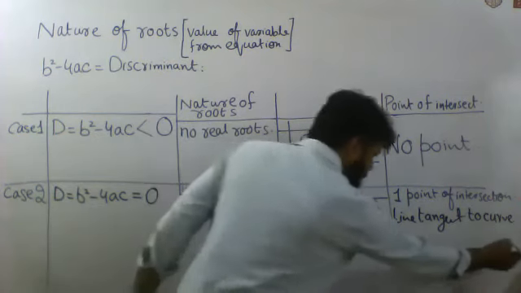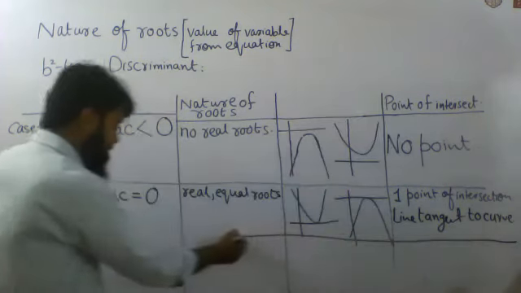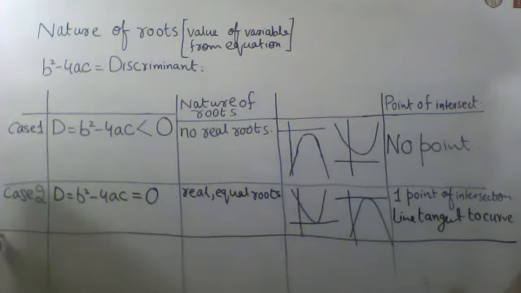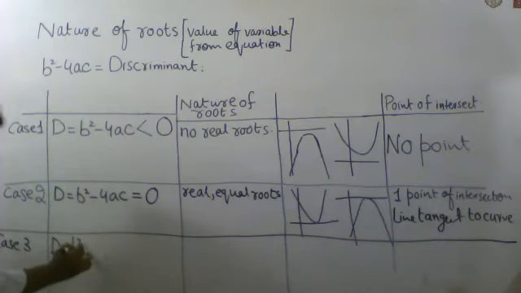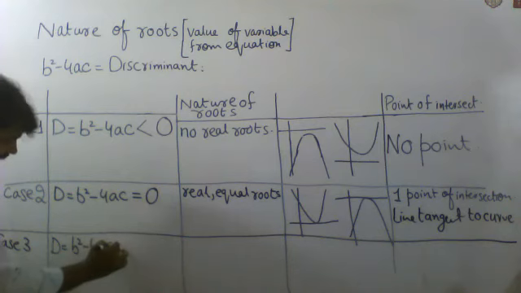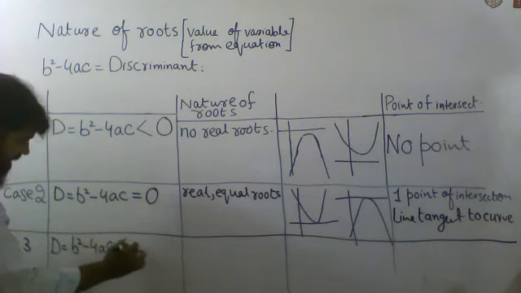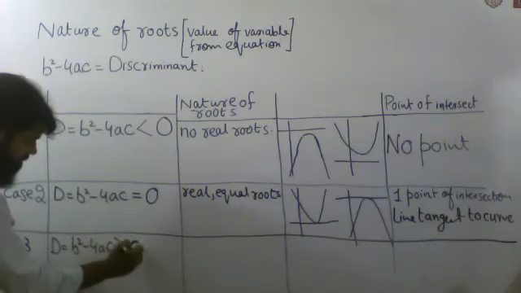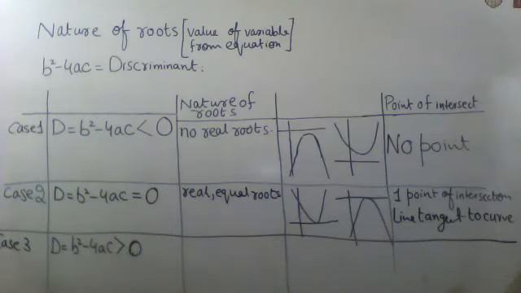Now going for your case 3. What will be your case 3? Case 3 is when your discriminant b square minus 4ac is greater than 0.